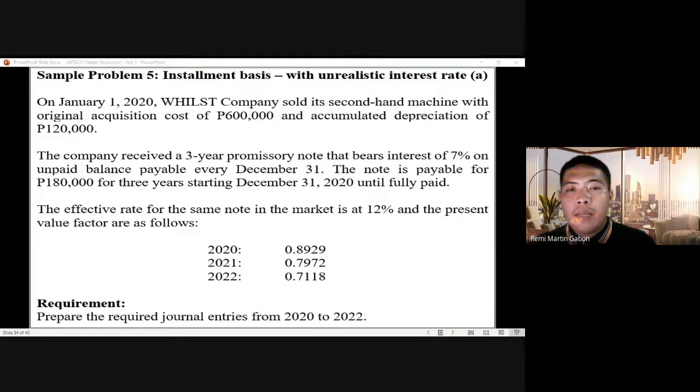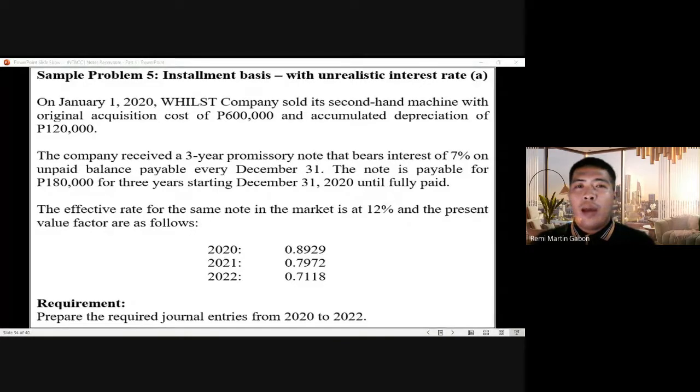For equal payments, as with non-interest bearing notes receivable, each installment payment will be multiplied by the specific present value factor. So present that there: 2020, 0.8929; 2021, 0.7972; and 2022, 0.7118.